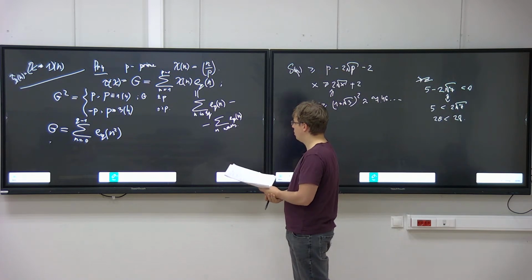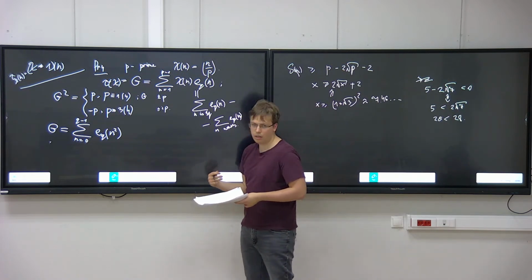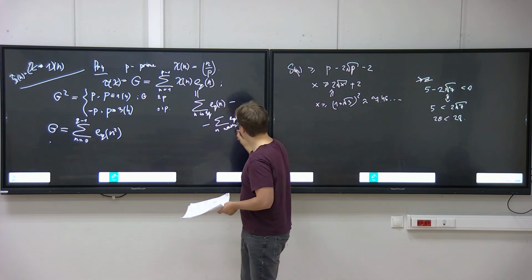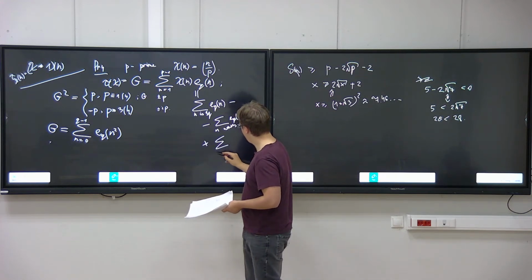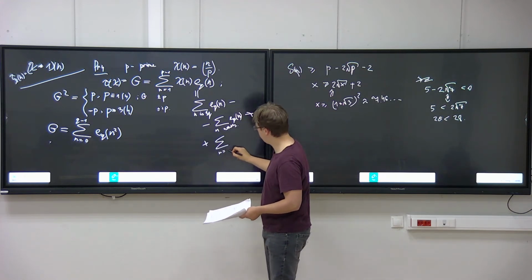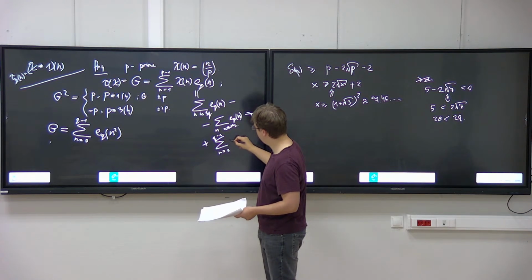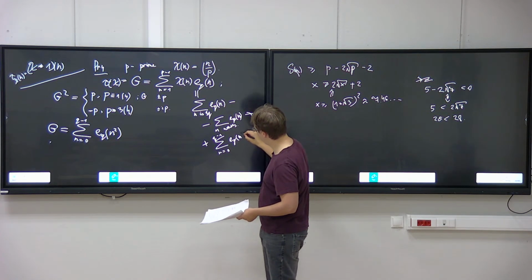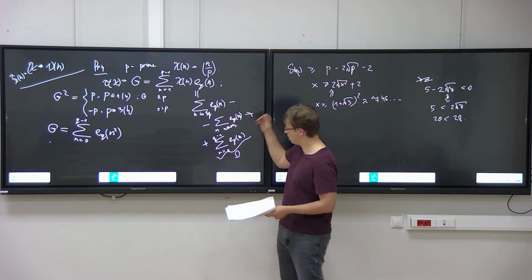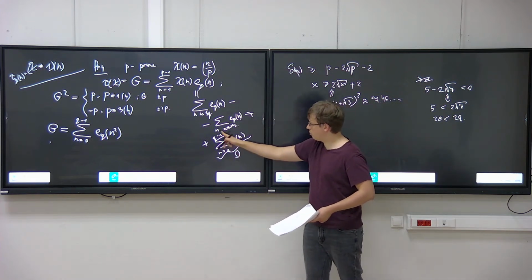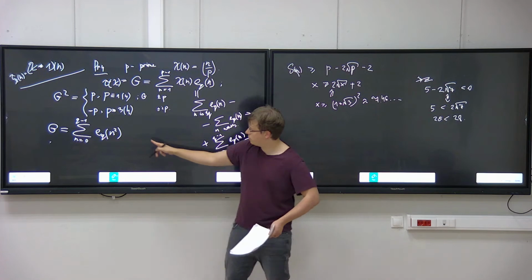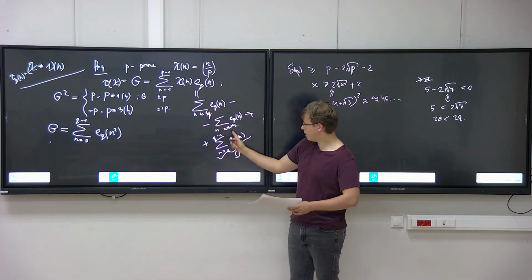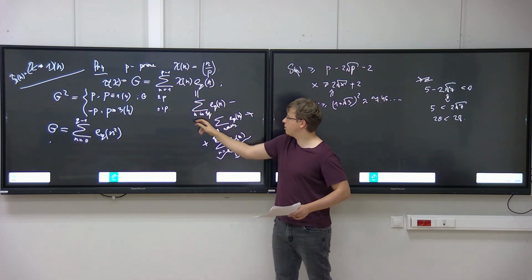And we can add plus sum over all n from 0 up to q minus 1 of e_q of n, because this is 0. Yes, and you see that we have e_q of 0, which is 1, plus such double sum.